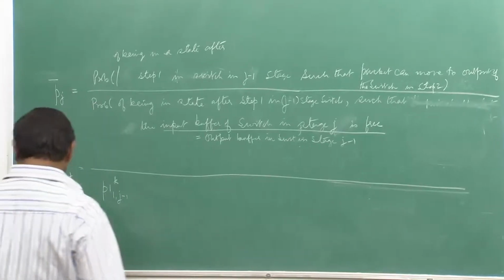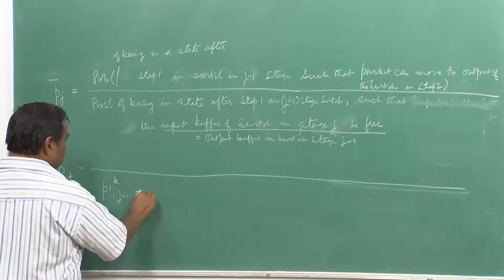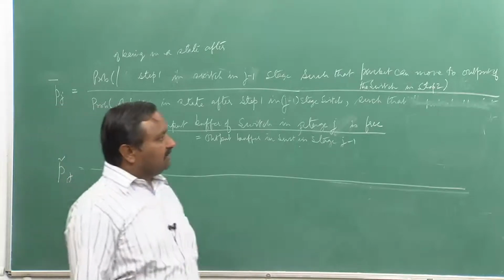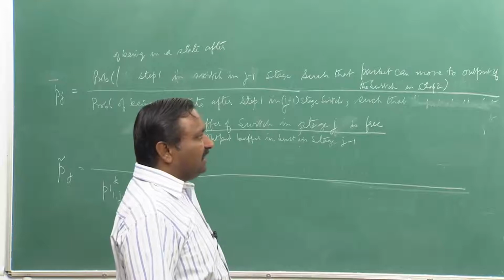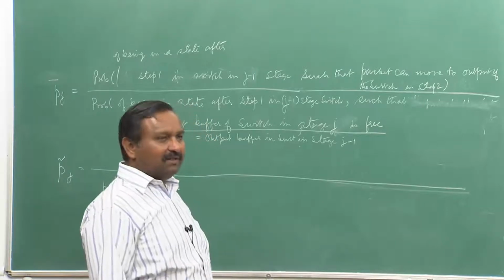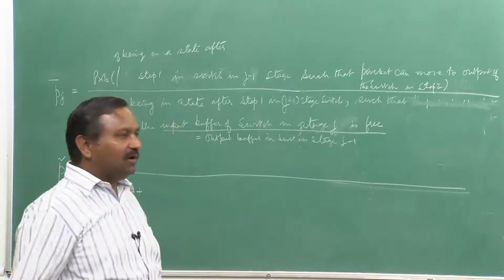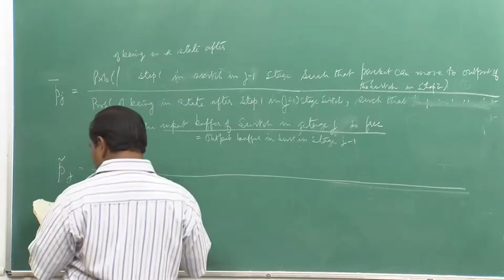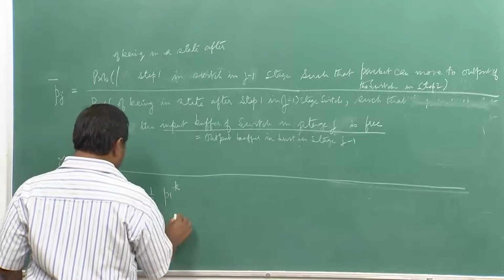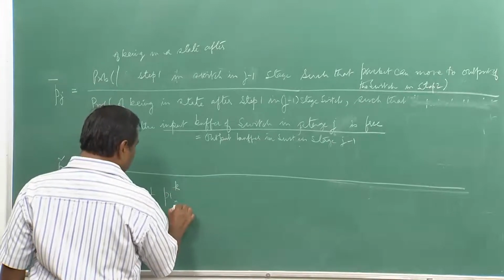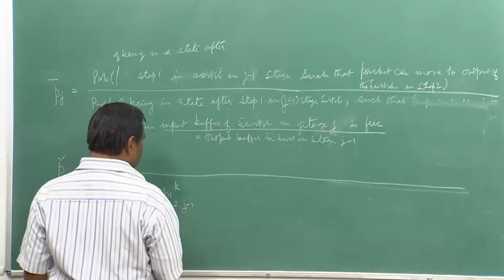So this will go in the denominator. Look at state 2: with half probability I may have a packet, and the other half I will not have the packet. So I will put half here, half P2 of j minus 1, k, that is state 2 in the j minus first stage switch.